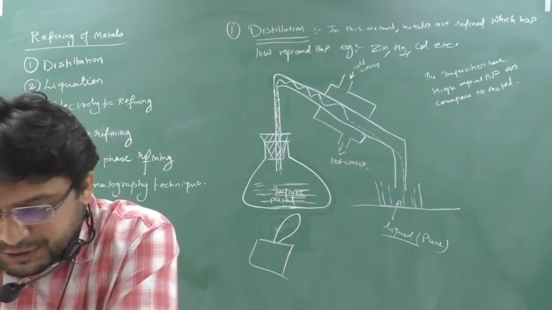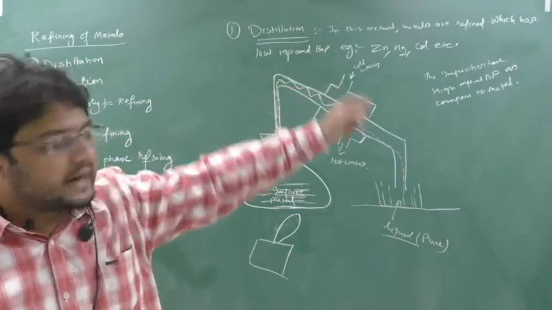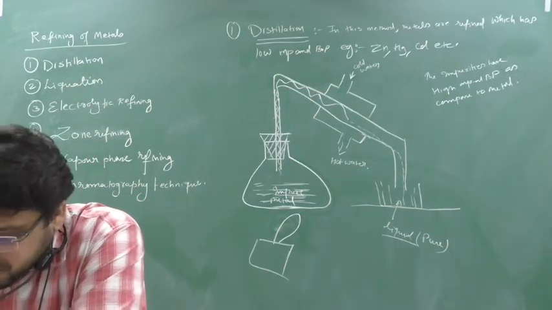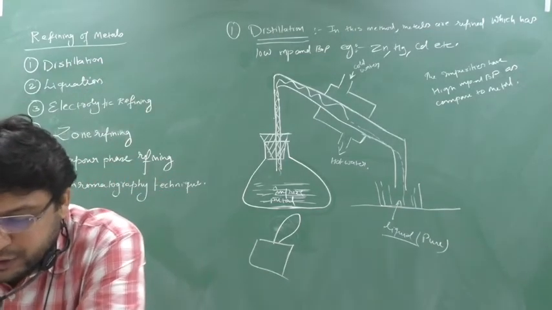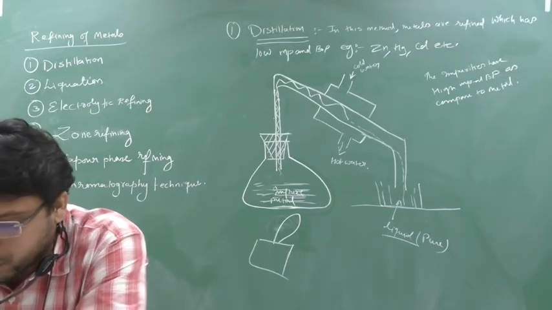This method is used for metals like mercury, zinc, cadmium, which have a low melting point and boiling point. The impure metal is heated in a tube.